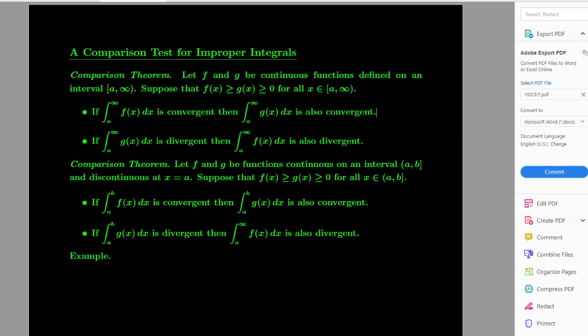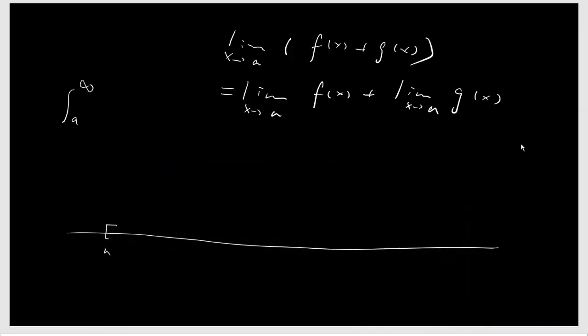I think in the statement we are trying to make f of x bigger than g of x, right? From A to infinity, if the function f of x is something like this. So now let's recall, that's the graph of y equals f of x.